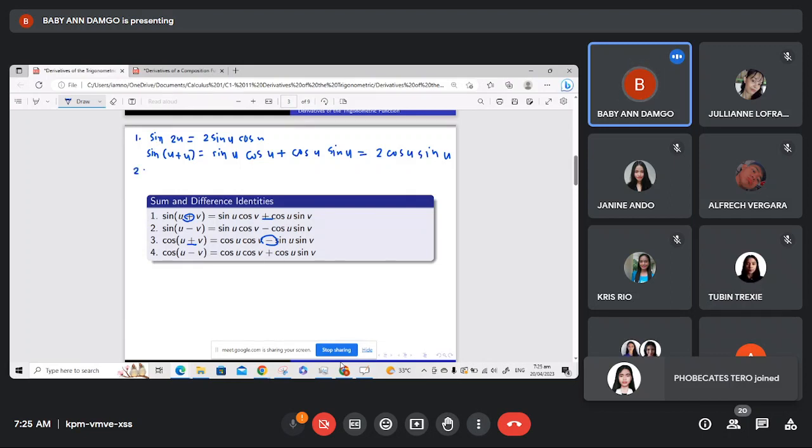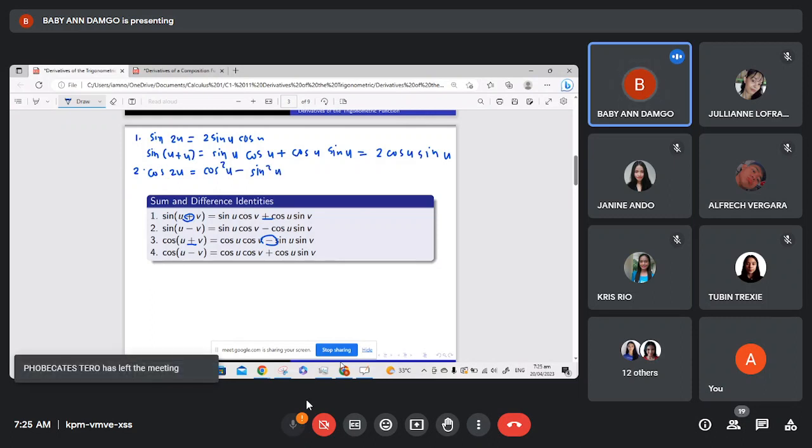Another one, cosine 2u. So this is equal to cosine squared u minus sine squared u. Okay. So for this cosine, we can write it as cosine u plus u so we can apply the sum of cosine.